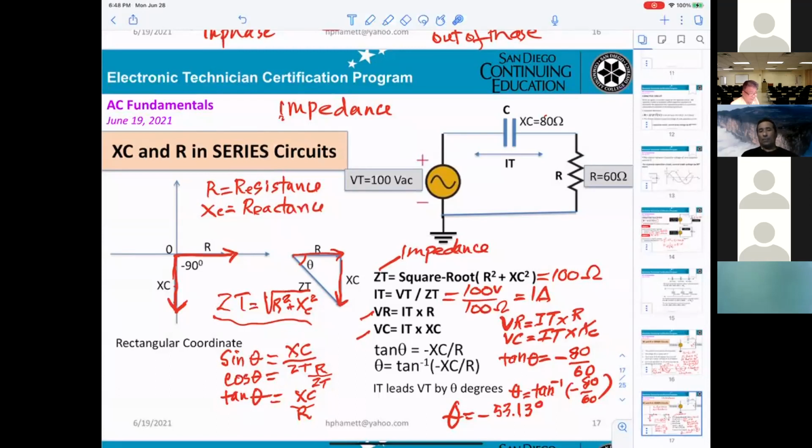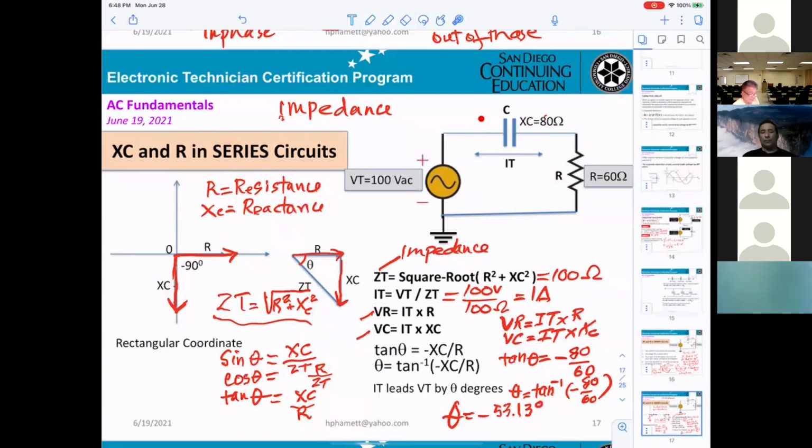You're talking about VC or VR, right? VC is the voltage across the capacitor, and VR means the voltage across the resistor. They're not in phase.